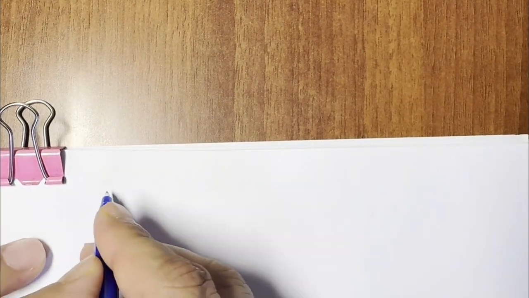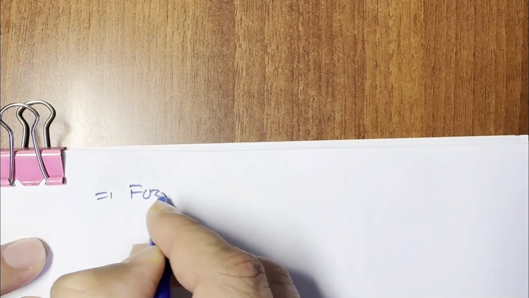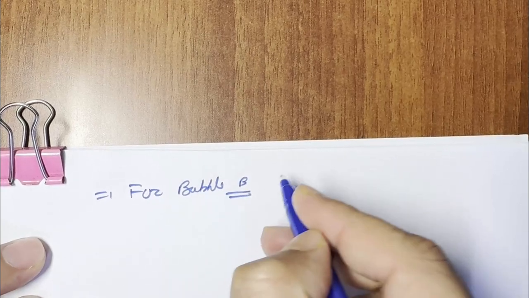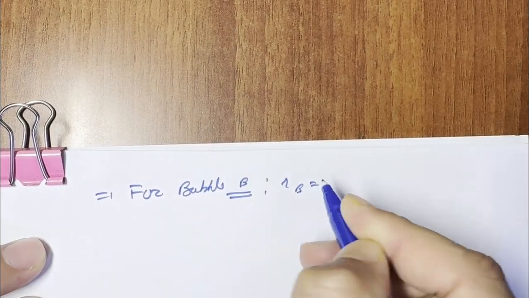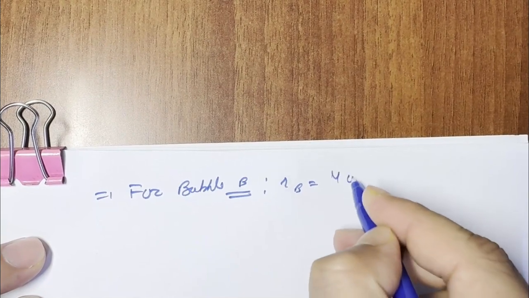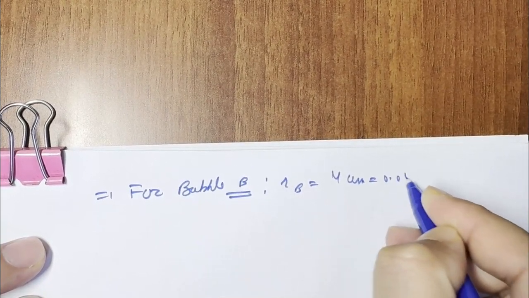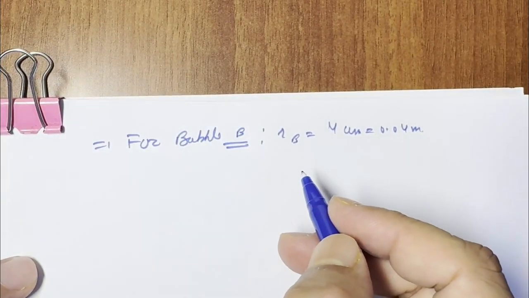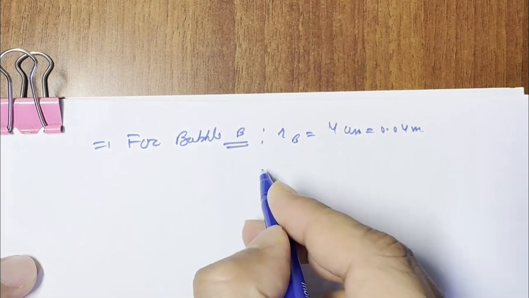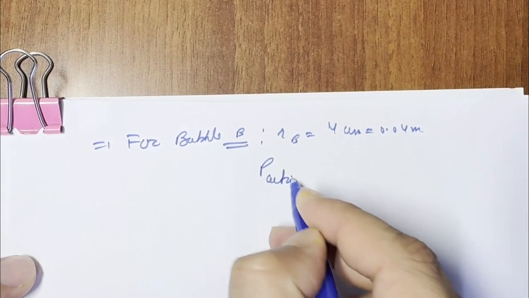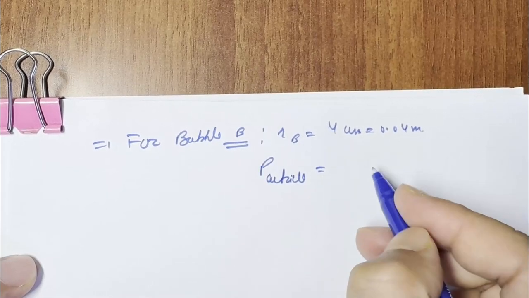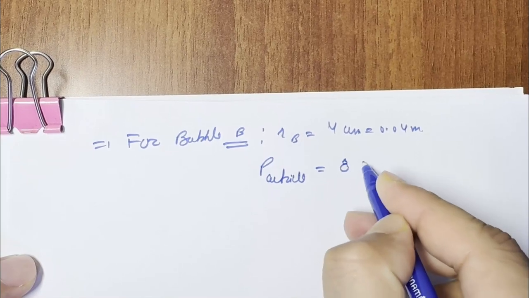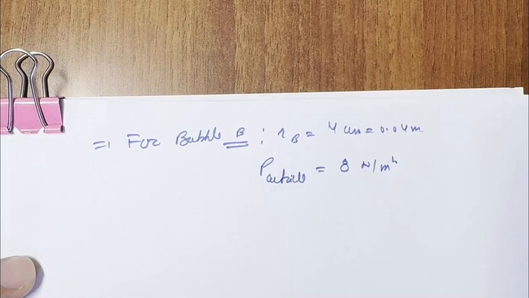Similarly, we are going to solve for bubble B also. For bubble B, the radius is 4 centimeter, which is 0.04 meters, and in this case also the pressure outside, which is nothing but the external pressure, is 8 Newton per meter square.